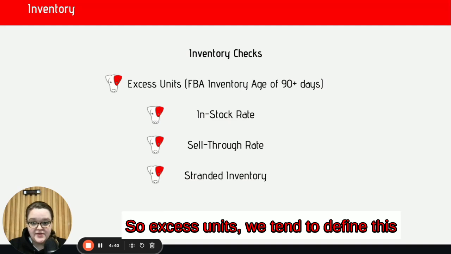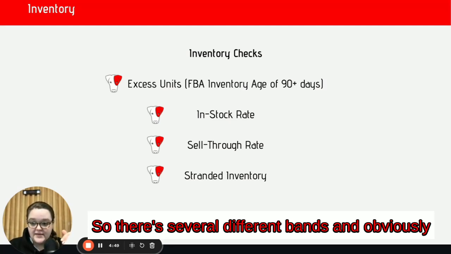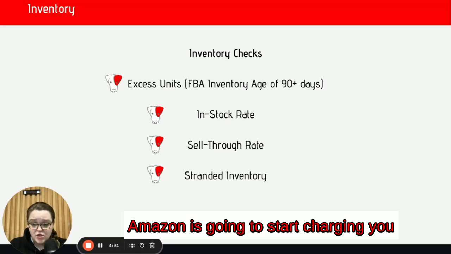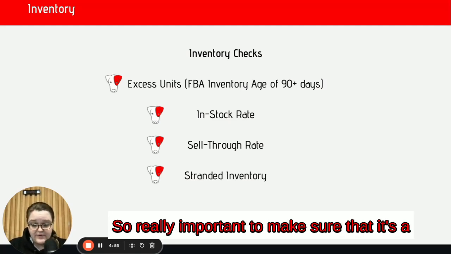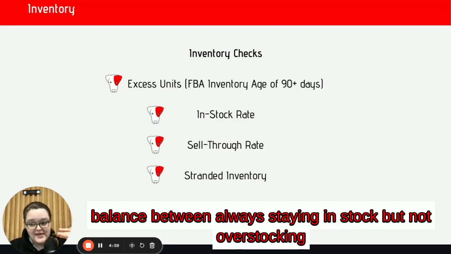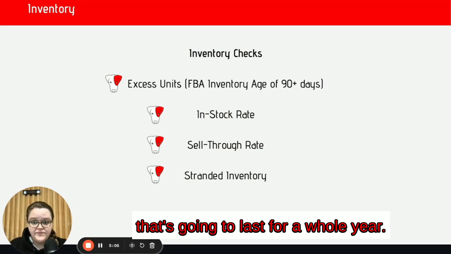Excess units, we tend to define this as inventory over 90 plus days old. There's several different bands, and obviously Amazon's going to start charging you if you're holding too many excess units. So it's really important to make sure that it's a balance between always staying in stock but not overstocking to the point where Amazon's holding all this inventory that's going to last for a whole year.